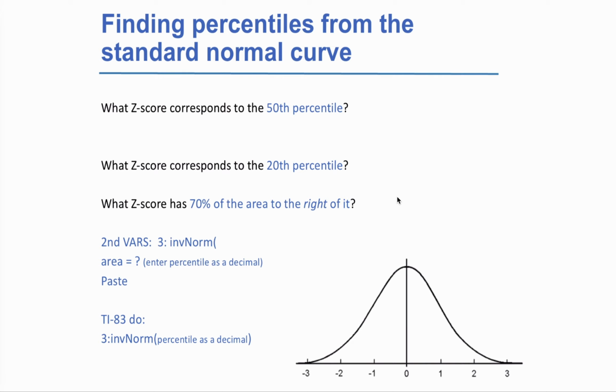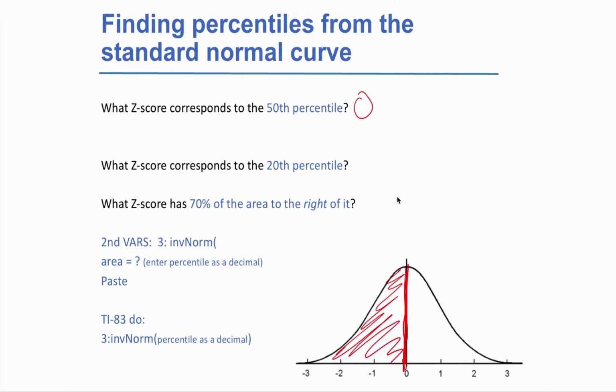So what z-score corresponds to the 50th percentile? Where do you have 50% of your data less than or equal to this point? It's 0, right? The mean is your median in a normal distribution. So your z-score 50th percentile would be 0.